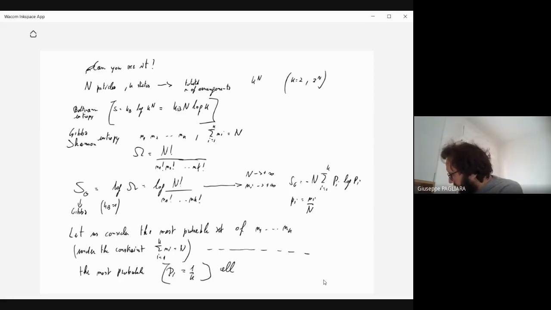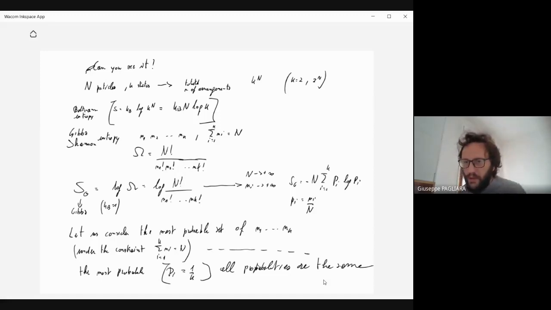So all probabilities are the same. And let me change page.